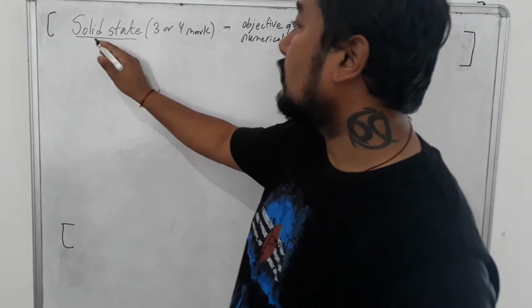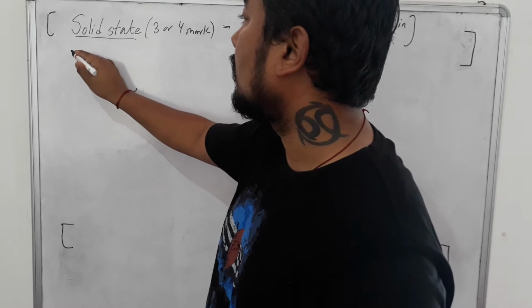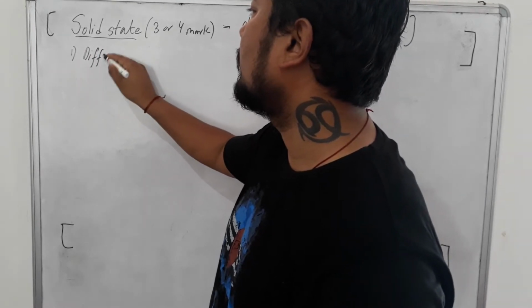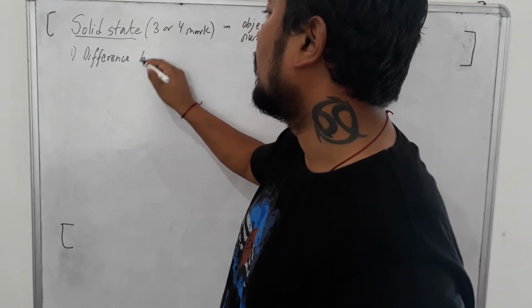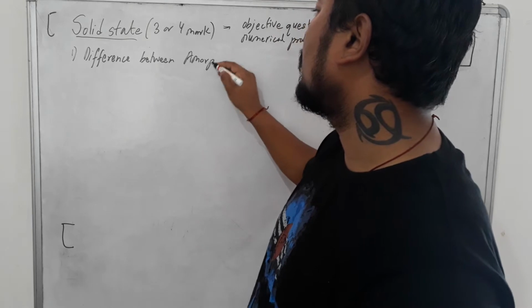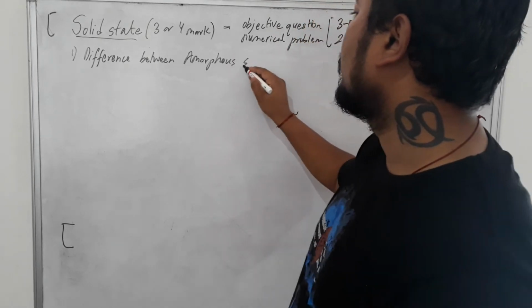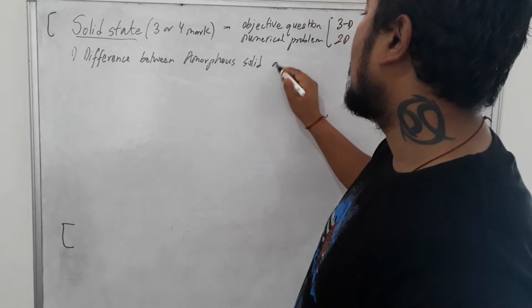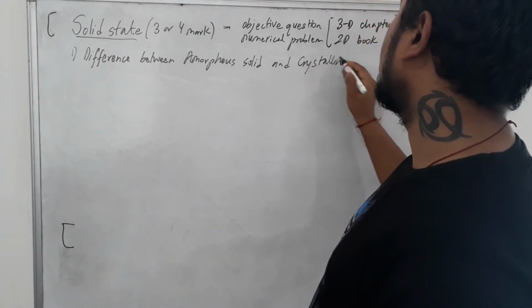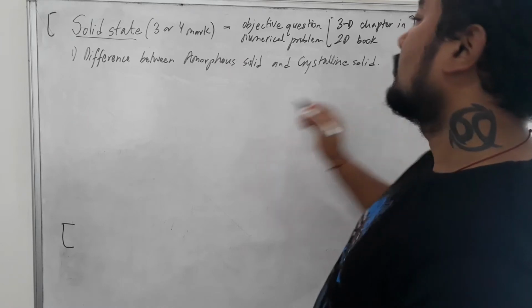So in the chapter called solid state, students, you need to learn, first, the difference between amorphous solid and crystalline solid.